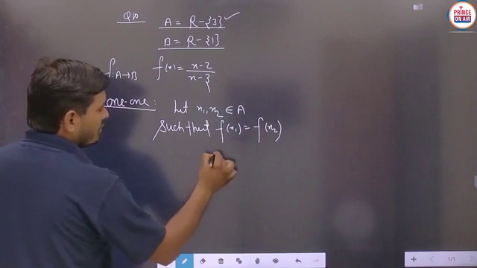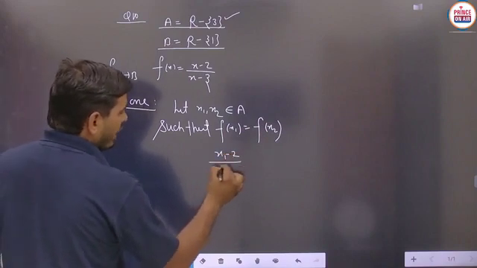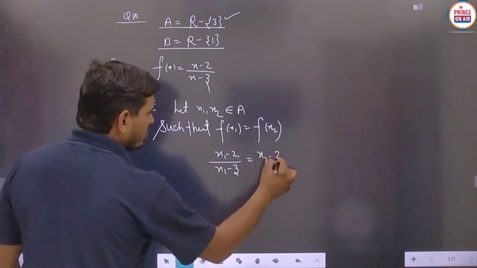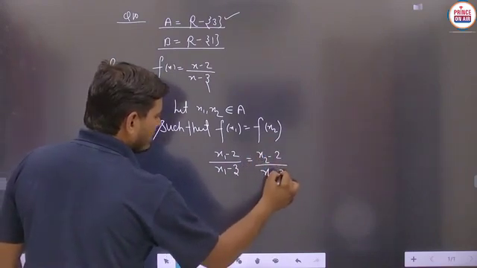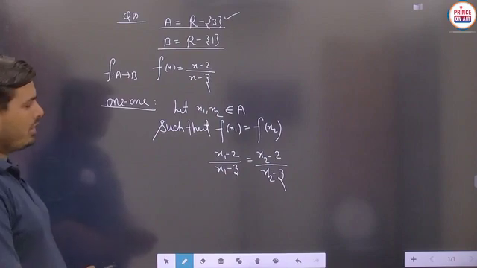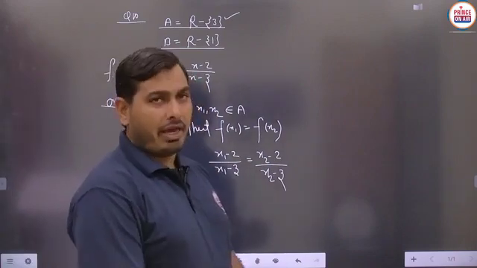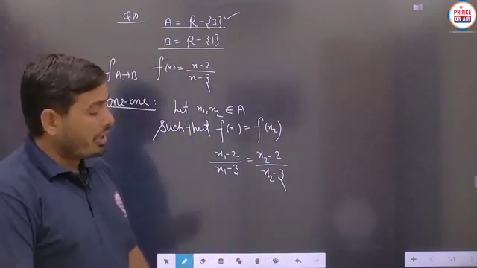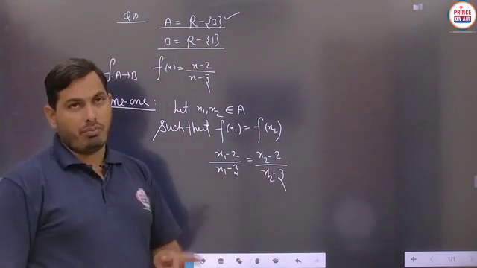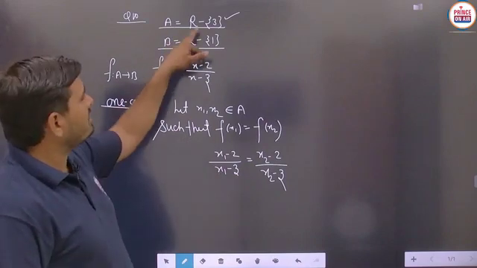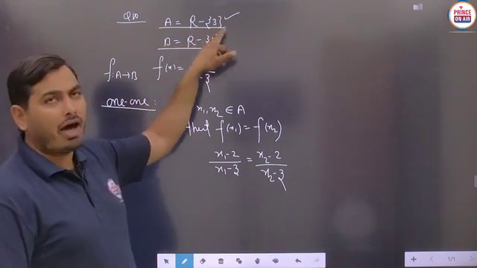Now student, you can say that (x1 minus 2) over (x1 minus 3) equals (x2 minus 2) over (x2 minus 3). Now the very important part, student: if we use x1 and x2 as 3, then the denominator will be 0, but this permission is not granted here, because set A is represented as R minus 3.